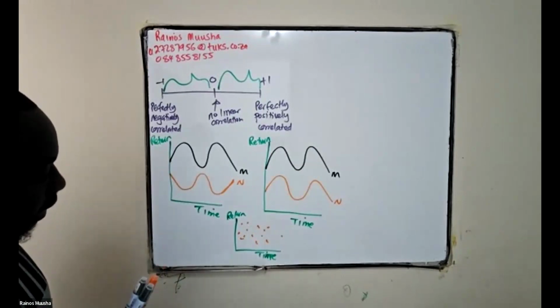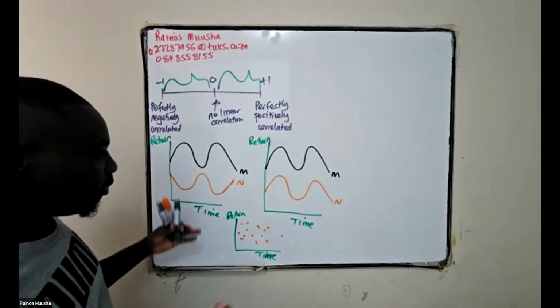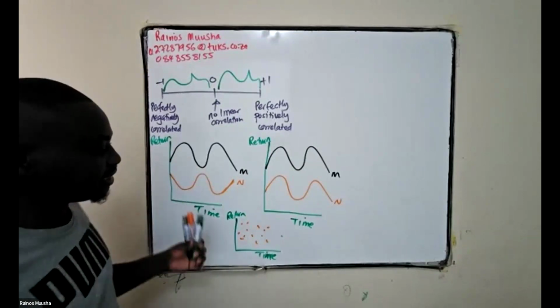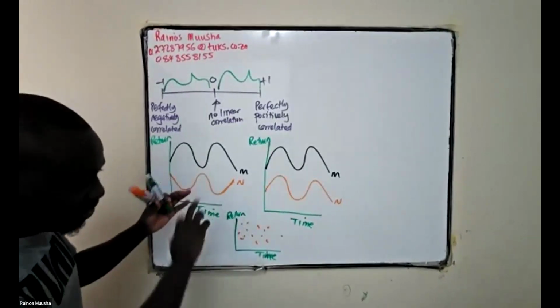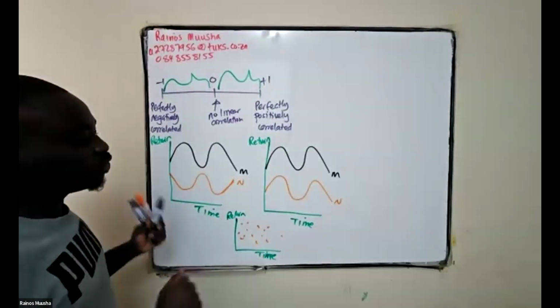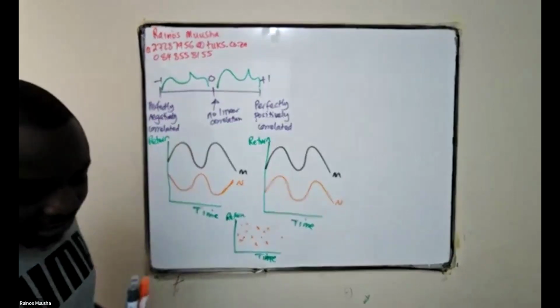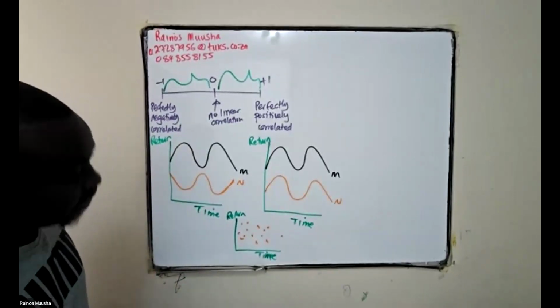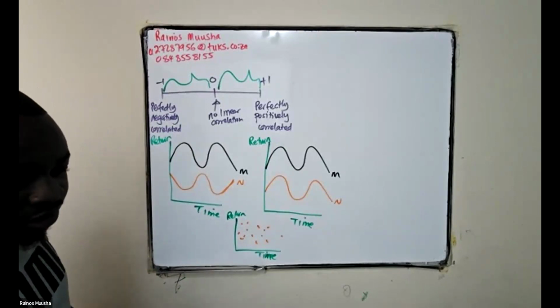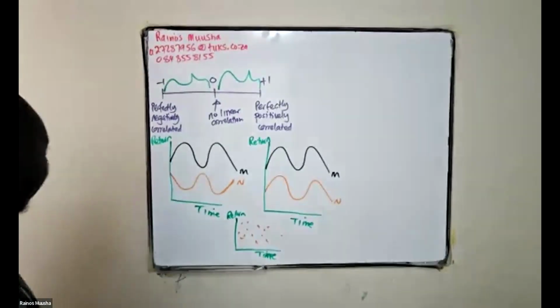So if, between asset M and asset N, there's no pattern that you can try to figure out within them, that's when we say there's no linear correlation. Are we on the same page before we look at the issue of diversification?